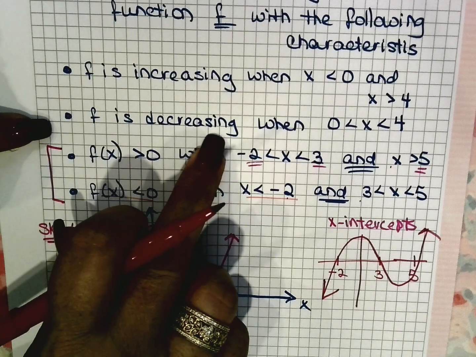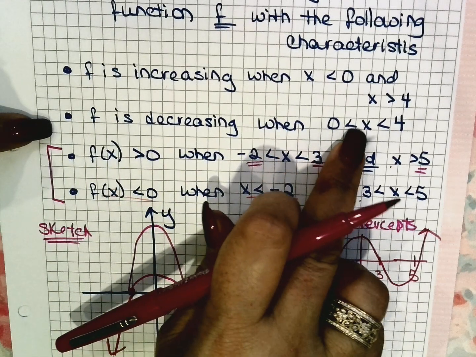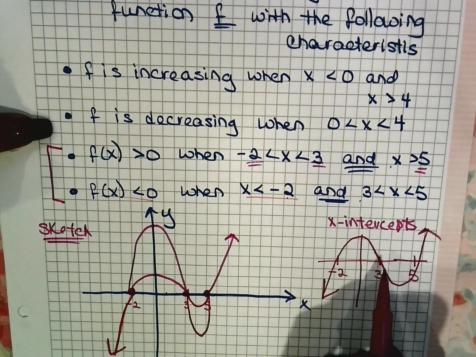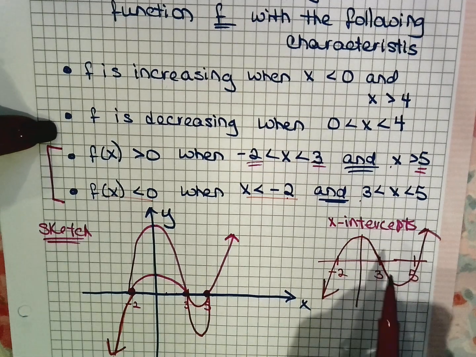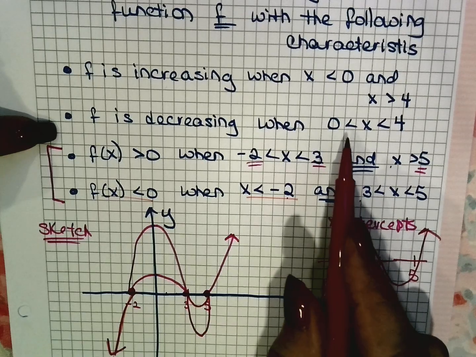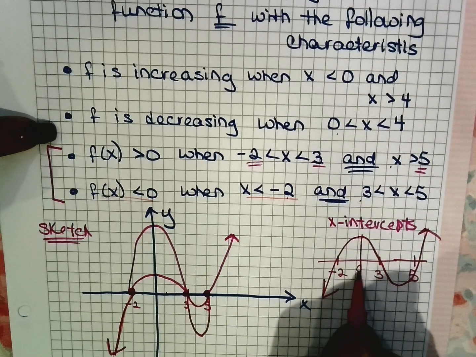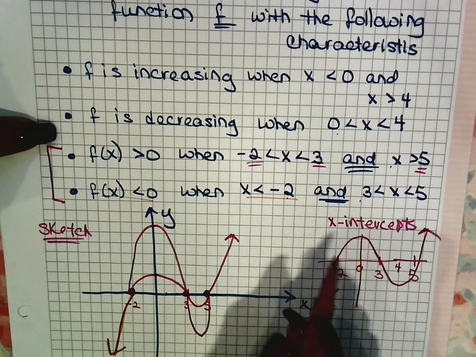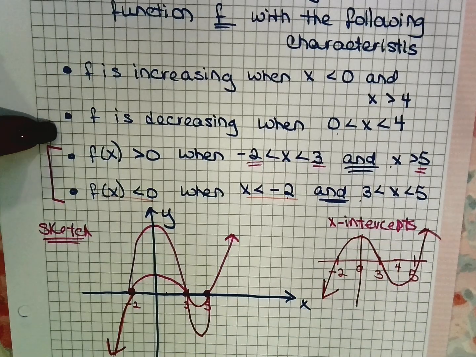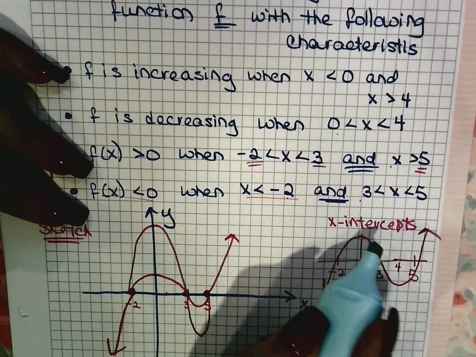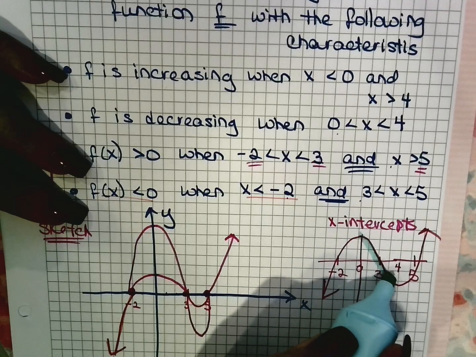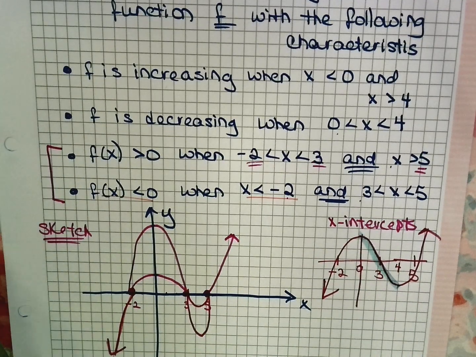f is decreasing when 0 is less than x, which is less than 4. It's decreasing between 0 and 4. So this is 0, and this is 4. And you can see that, in fact, this thing is decreasing. It's going down until we reach that 4.